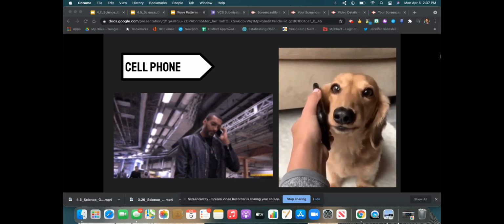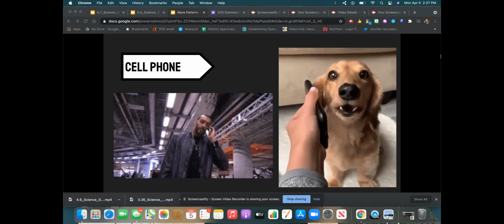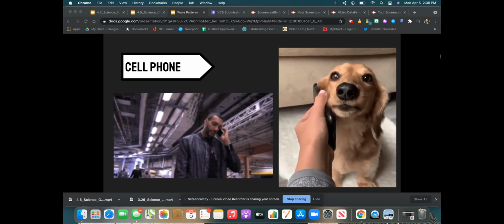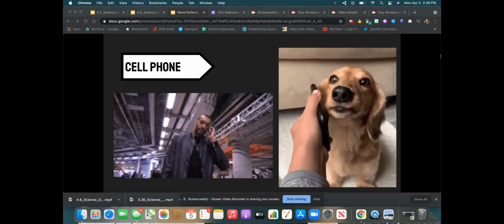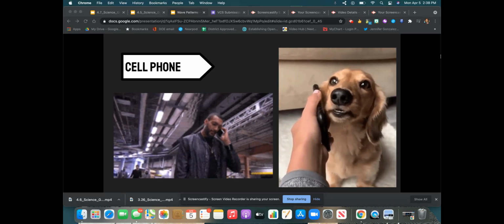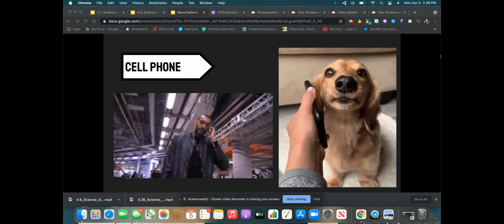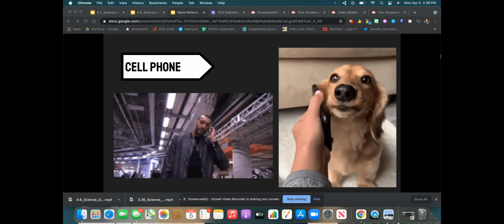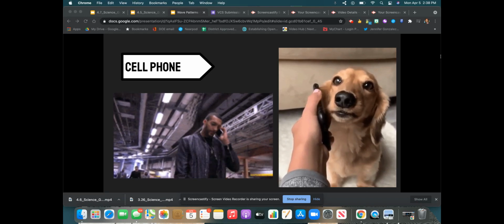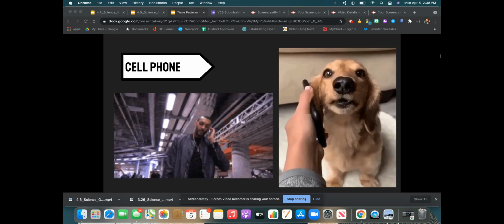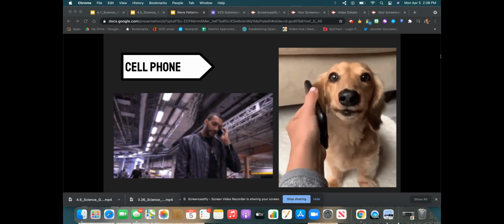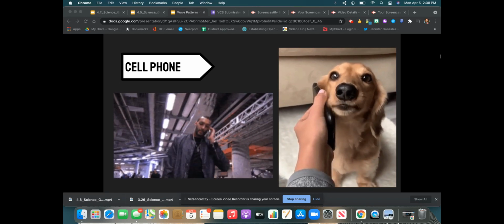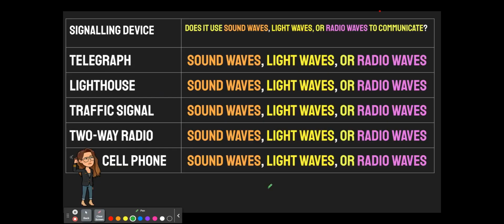The last device we'll be looking at together is the cell phone. On the cell phone, you speak to somebody using your voice, and somebody, no matter how far away, can hear what you're saying. What an incredible invention. But how does it work?